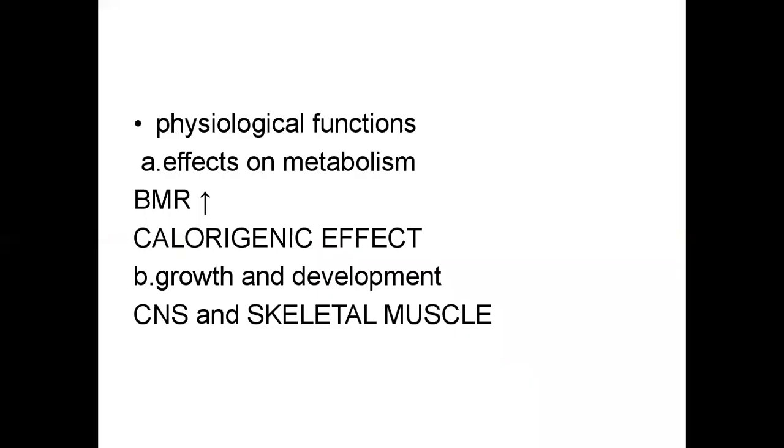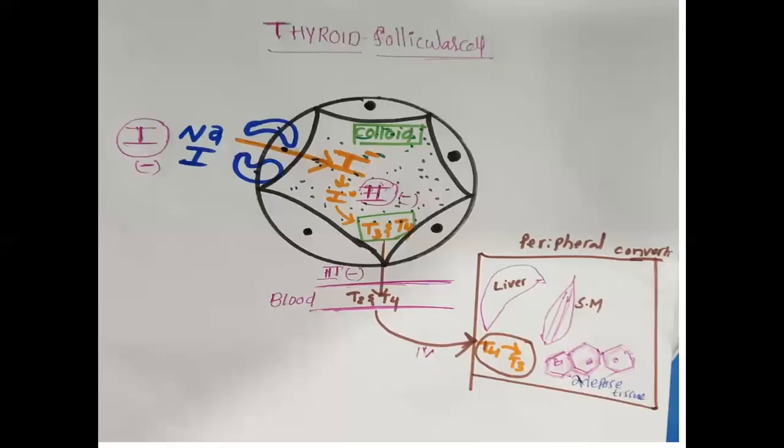The synthesis of thyroid hormones is regulated by the hypothalamus. Hypothalamus secretes thyroid stimulating hormone. This thyroid stimulating hormone stimulates the follicular cells, that is thyroid cells, to synthesize T3 and T4. So TSH, or thyroid stimulating hormone, is a key factor for the synthesis of T3 and T4.